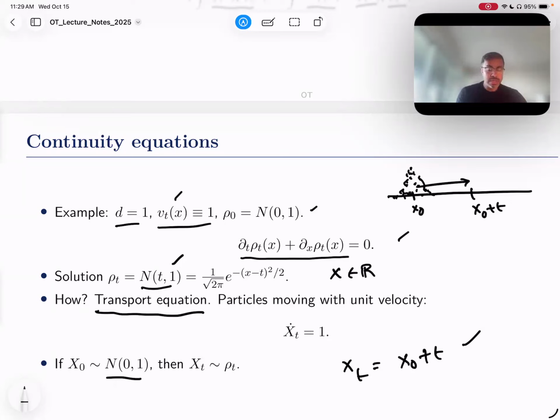And therefore rho t, which is normal t comma 1, is a solution of this. And this you can verify directly. Just plug in rho t of x into this formula, and check that this is actually a solution. All right. So that's the way that you think of continuity equations.